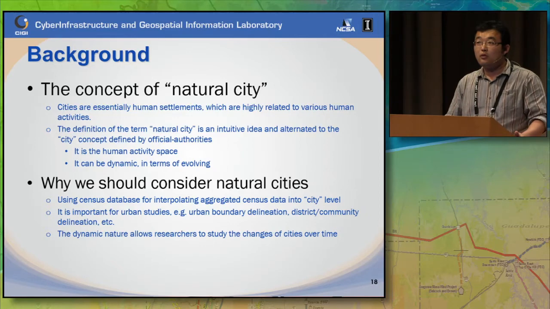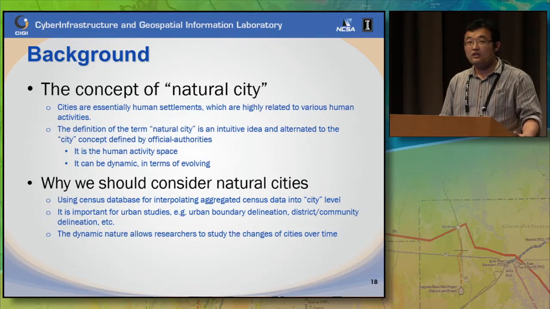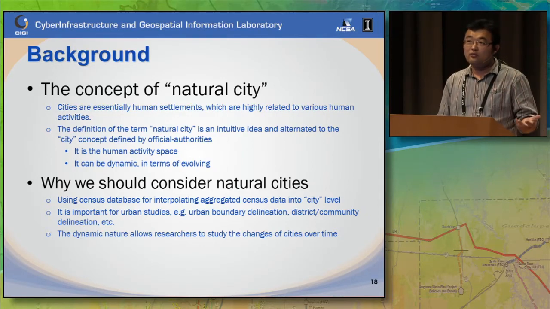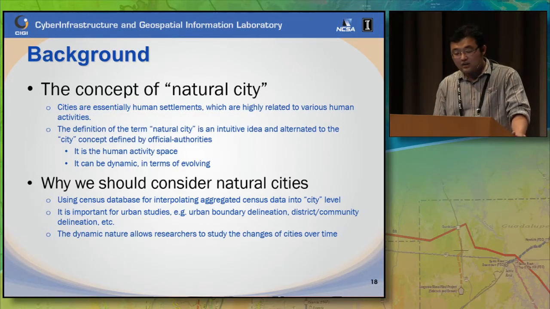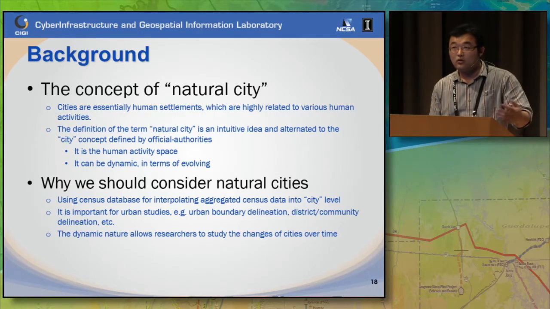When you talk about Illinois and Los Angeles, you're referring to some certain shape. But natural city means the human active space where humans do all kinds of activities.